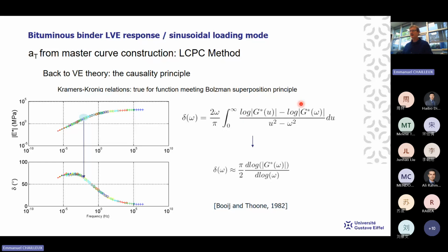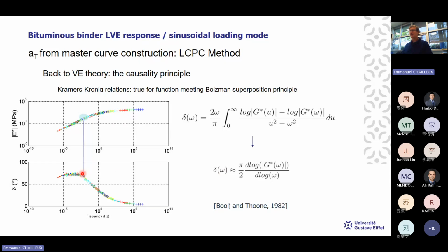Booij and Thoone, several years ago, made an approximation of this Kramers-Kronig relationship and gave this approximation, which shows the phase angle. So here you see the phase angle. What is the phase angle?